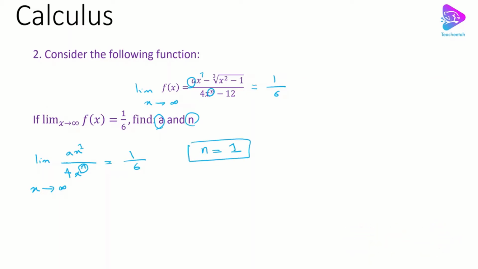And if we look at the other term in here, we have a over 4, which is going to be equal to 1 over 6, and based on what I discussed, the coefficient of the highest order on the top and the bottom is going to be the final answer. So a over 4 is actually 1 over 6, and this would result in a equals 4 over 6, therefore a is 2 over 3. Okay, this is the answer.